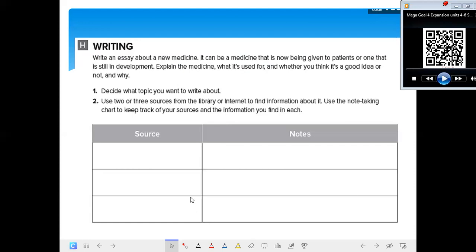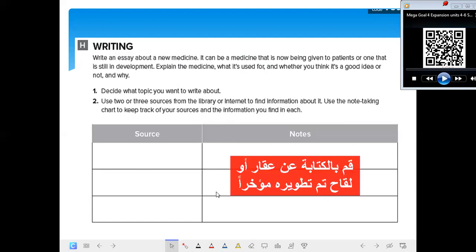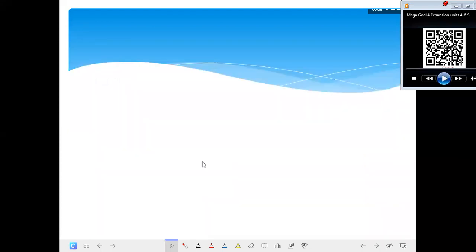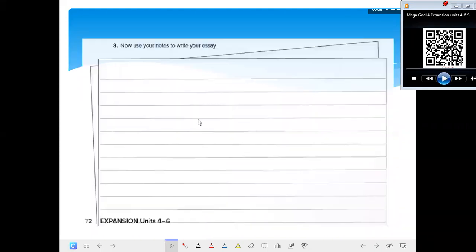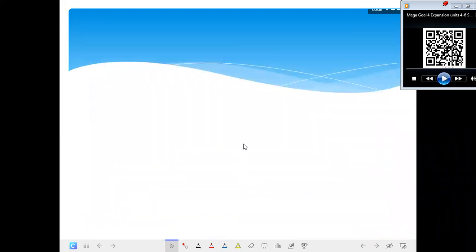After completing or filling in this chart, he wants you to write an essay about the new medicine. At the end of the page, you can find the place you can write your essay in it. This is the place you can use to write your essay.